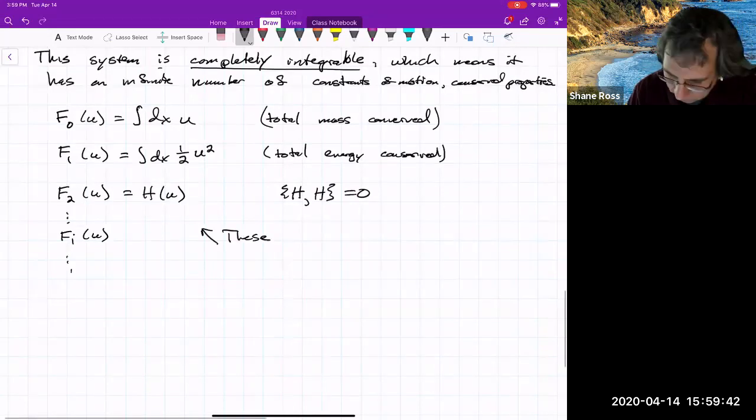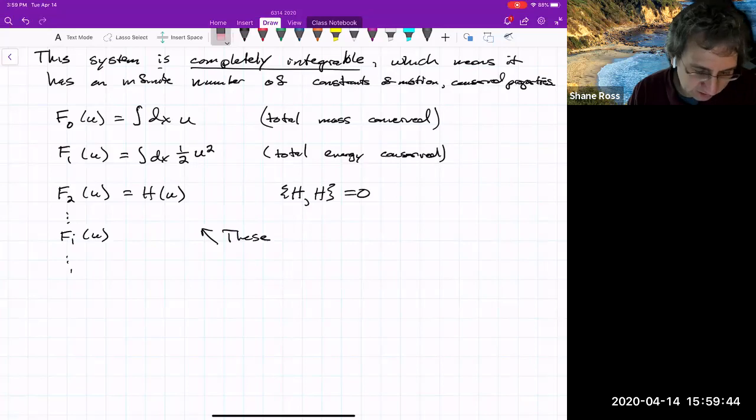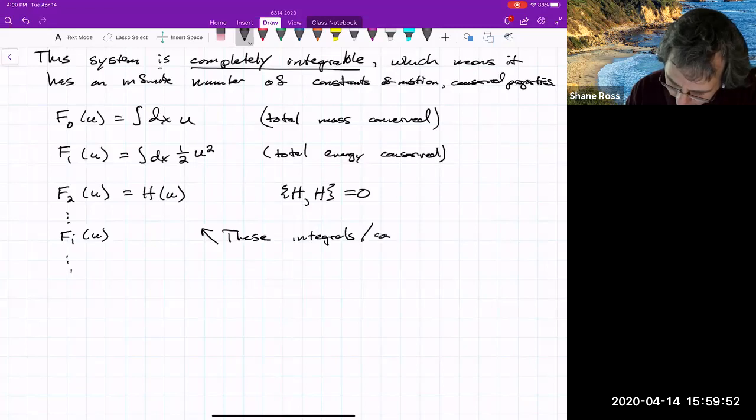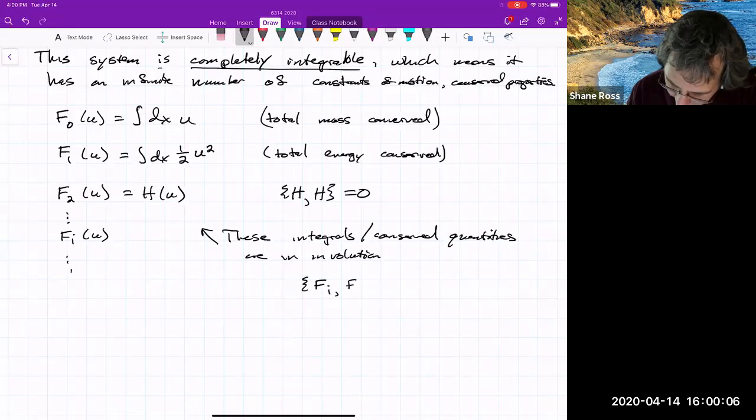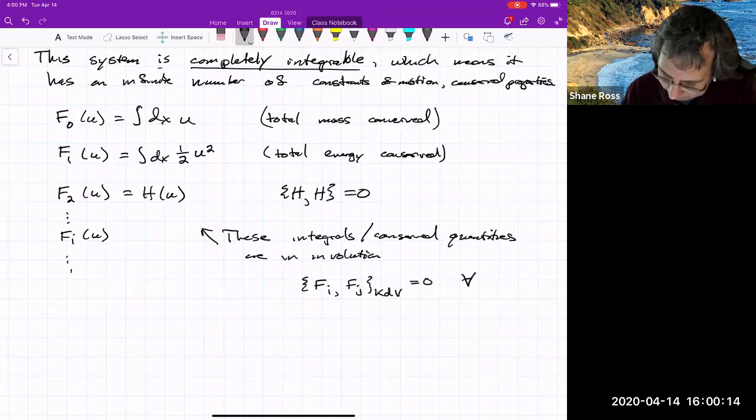These, we said before, that means that the integrals are in involution. These integrals, or conserved quantities, are in involution, which means that if you take the Poisson bracket of any one with any other one, and we've got to use the KdV Poisson bracket, you will get 0 for any i and j.